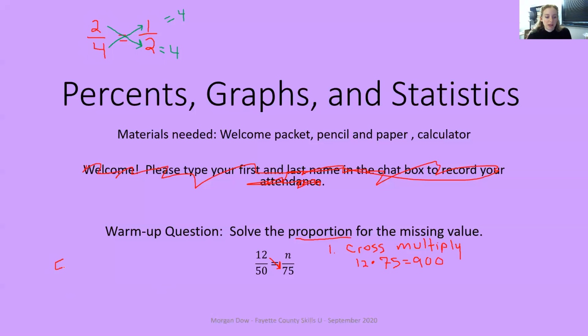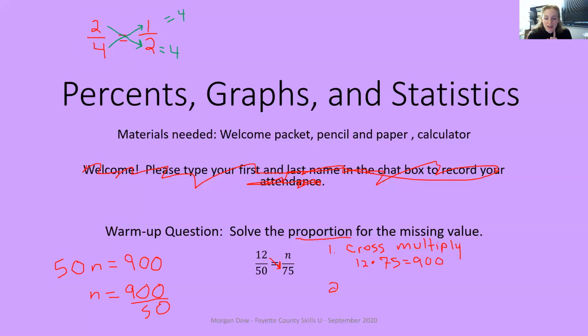That means that 50 times whatever n is must be 900. If we know that 50 times something is 900, how can we figure out what that something is? Well, we can reverse our multiplication and do a little division to find that missing piece. If 50 times n is 900, then n will be 900 divided by 50.